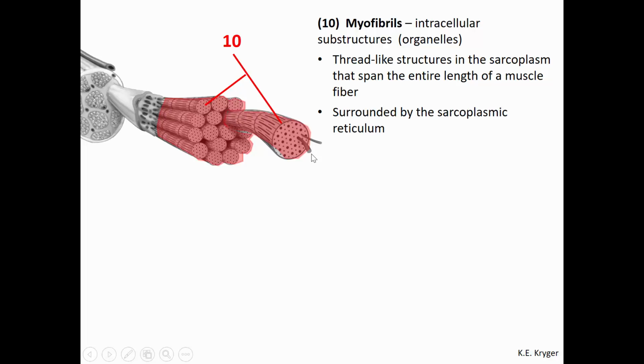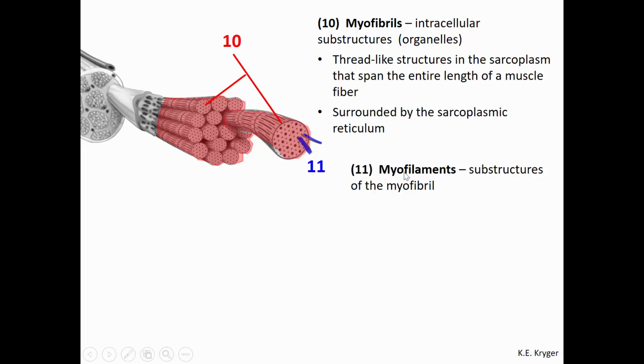Now, myofibrils are made up of myofilaments. So number 11 down here, these are the myofilaments. So these are just substructures of the myofibril. In other words, they're making up the myofibrils. And with myofilaments, if you recall from our hierarchy of organization, we have thick filaments and we have thin filaments, right?